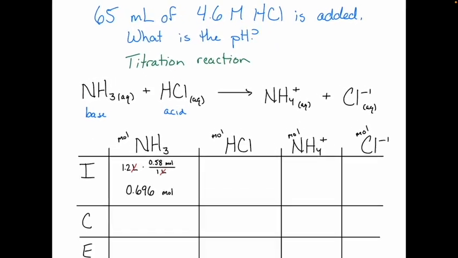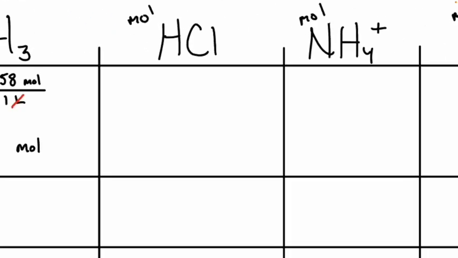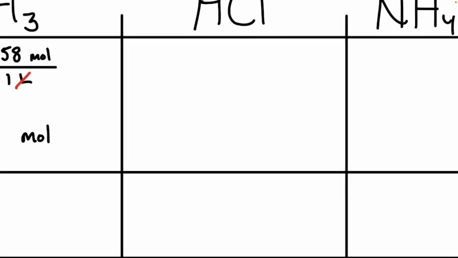All right, so then by analogy, how much HCl do we have in moles? I'm going to take my 65 milliliters and convert it to liters, dividing by 1,000.